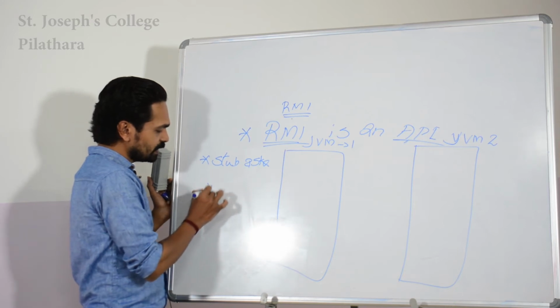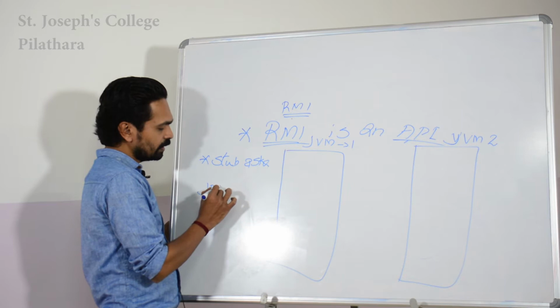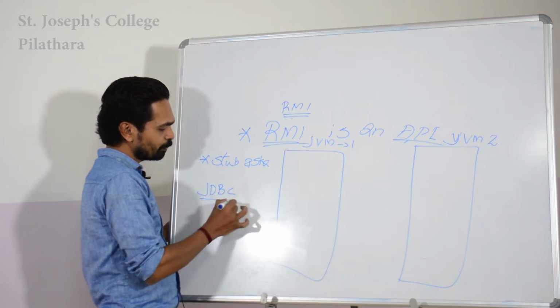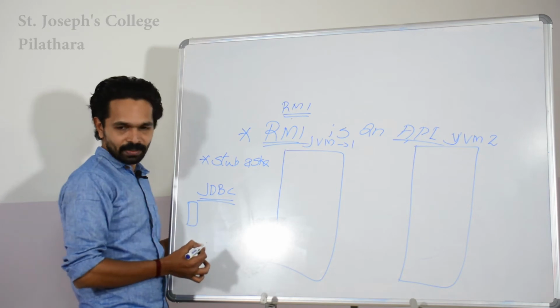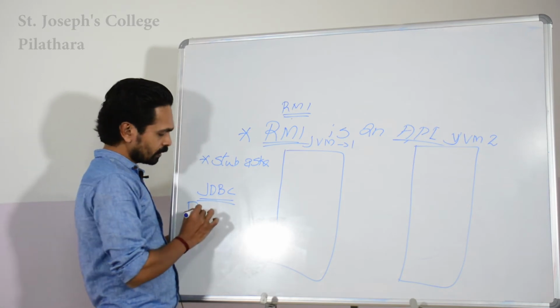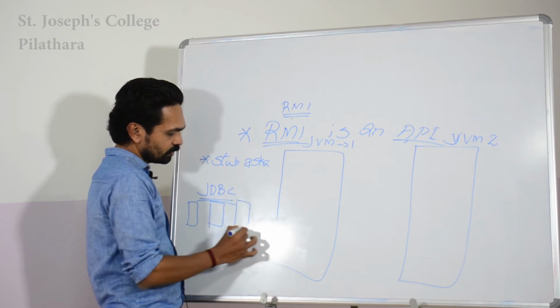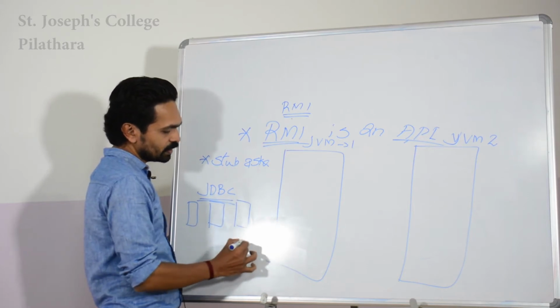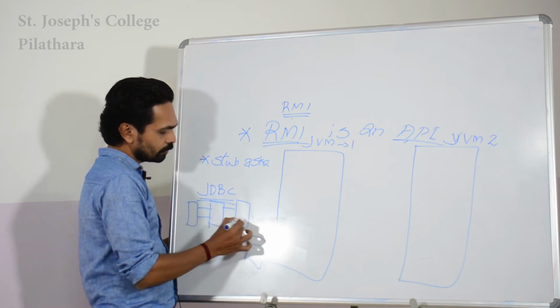In the previous module, JDBC, Java database connectivity, there is an application program, then a driver, a server and a database. This is the communication part.